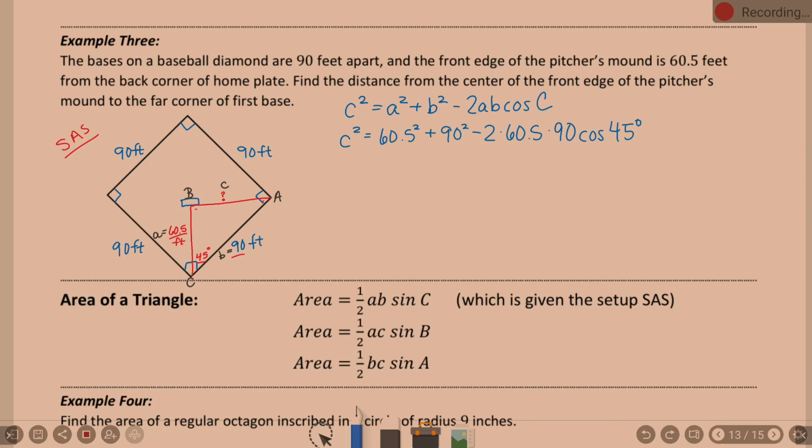Like the side angle side version we did yesterday, yes? If you really want to, you could plug the whole thing into the calculator right now. You guys know me, I do a little bit of cleanup. Actually, I don't have the cleanup on my paper. I must have just let you guys plug it into the calculator.